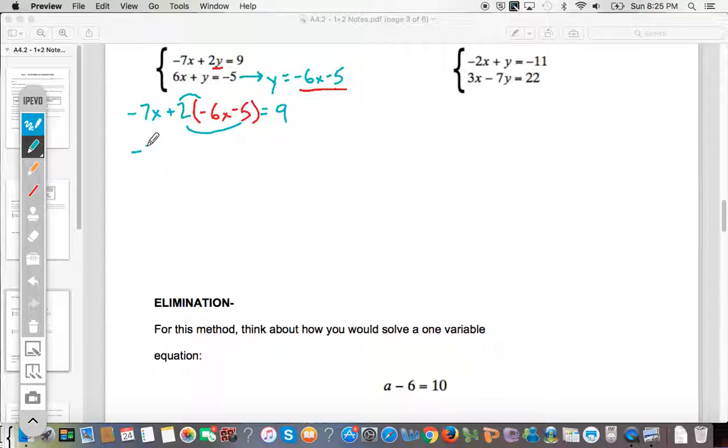So I have negative 7x minus 12x minus 10 equals 9. Okay, so I'll combine. So negative 7x minus 12x, that's negative 19x. I'll add this 10 over, so equals 9 plus 10, which is 19. So I know that x equals negative 1.